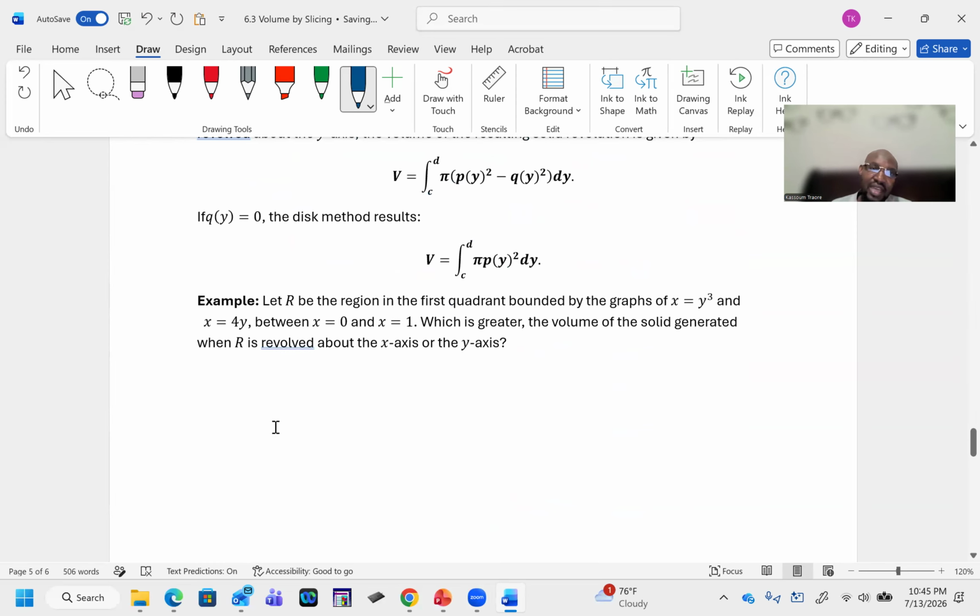So example: let R be the region in the first quadrant bounded by the graph of x equals y cubed and x equals 4y between x equals 0 and x equals 1. Which is greater, the volume of the solid generated when R is revolved about the x-axis or the y-axis? So we are going to do both, and then you will see the difference.